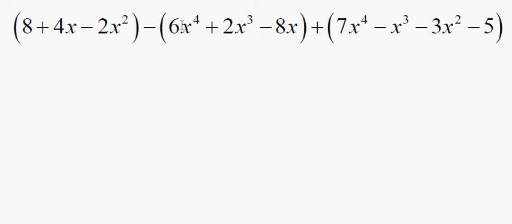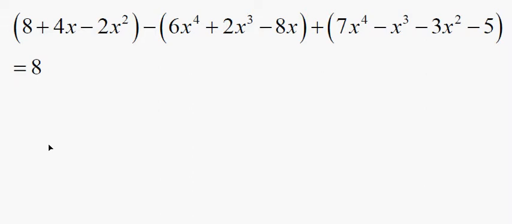So we have a positive x to the fourth, it's going to become negative x to the fourth. Here's a positive 2x cubed, it'll become negative 2x cubed. Here's a negative 8x, it's going to become positive. The other two parentheses have plus in front of them, so they aren't going to change.